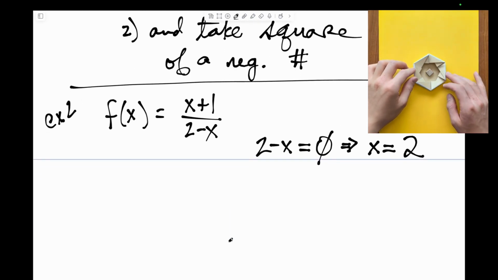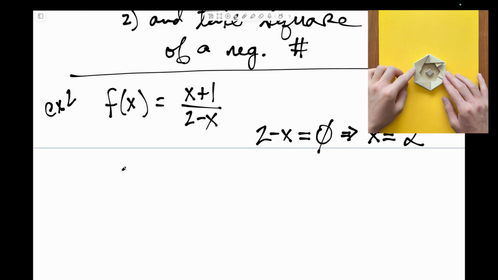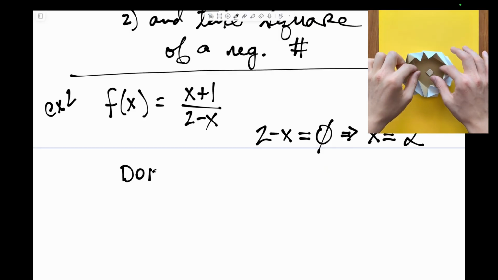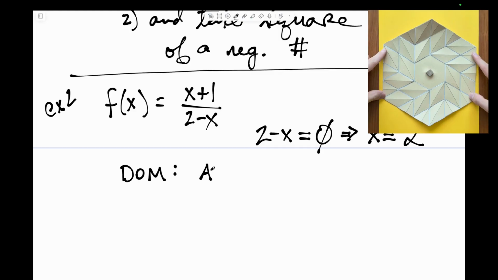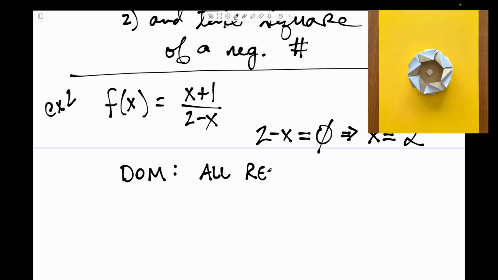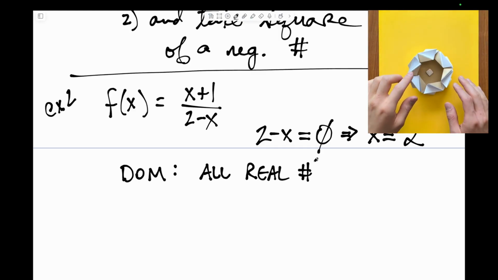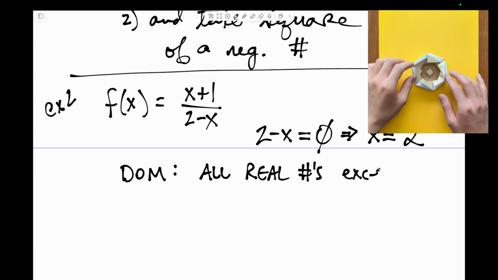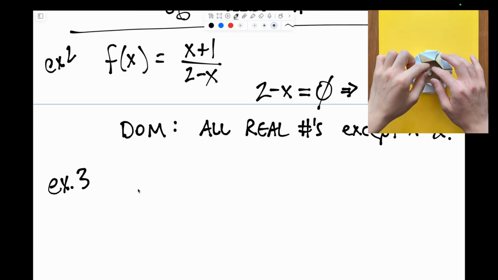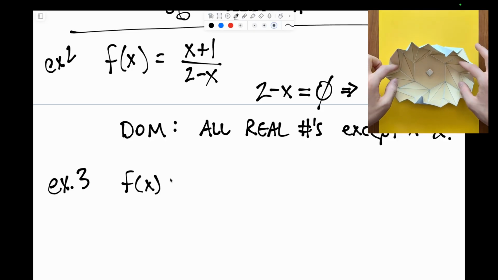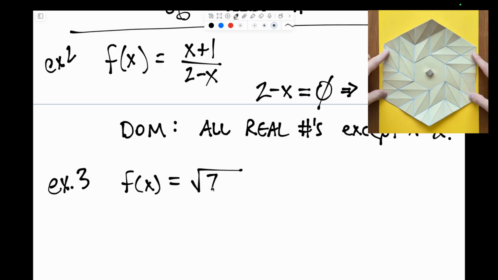So for this example, we're going to say that the domain, DOM, is all real numbers except x equals 2.